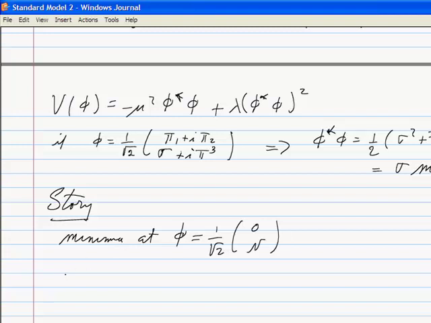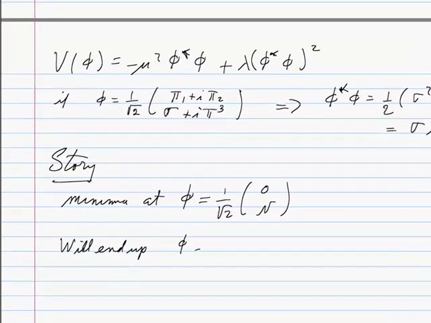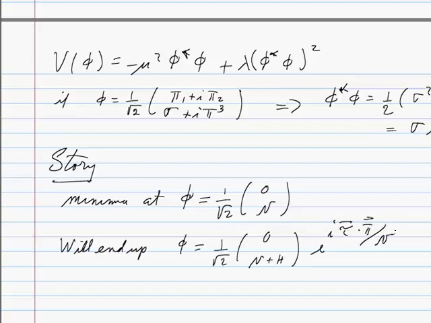We will end up writing phi as 1 over the square root of 2 times (0, v plus h) e to the i tau dot pi over v.